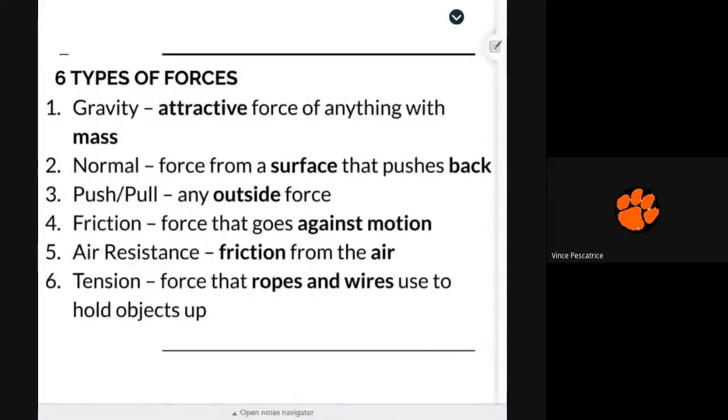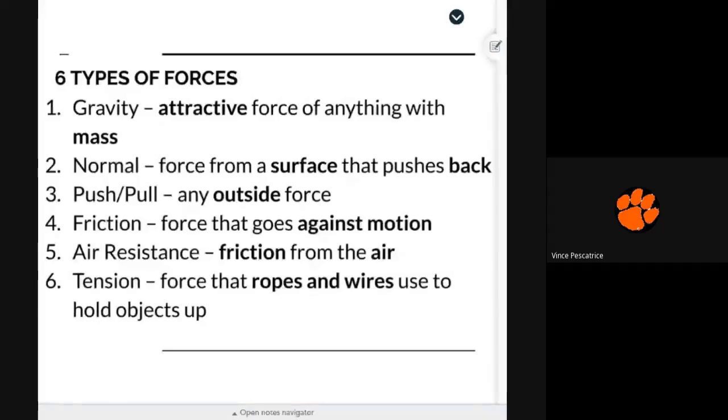If you apply force to an object, what happens to the acceleration? Come on, somebody answer.